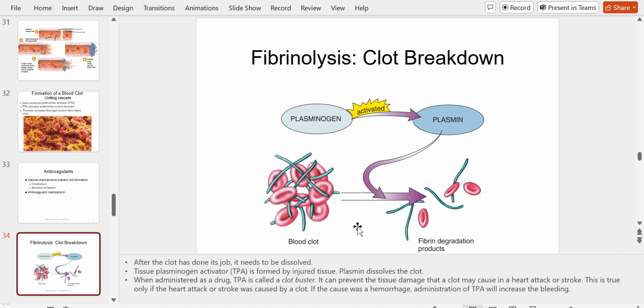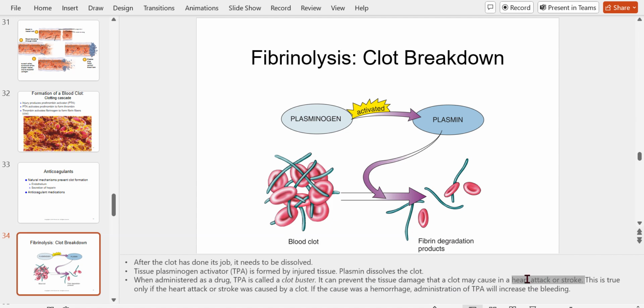Fibrinolysis, clot breakdown. After the clot has done its job, it needs to be dissolved. Tissue plasminogen activator, there's your TPA, is formed by the injured tissue. Plasmin dissolves the clot. When administered as a drug, TPA is also called a clot buster. It can prevent the tissue damage that a clot may cause in a heart attack or stroke.